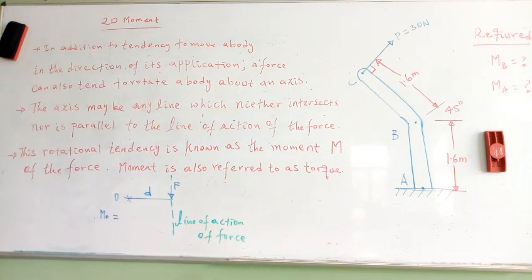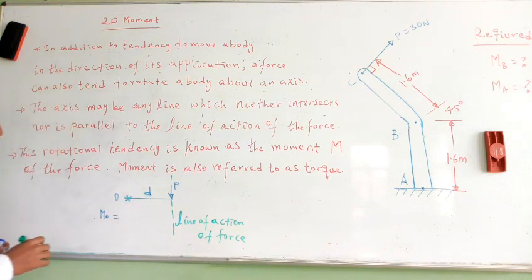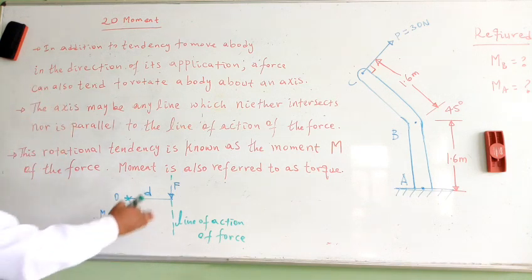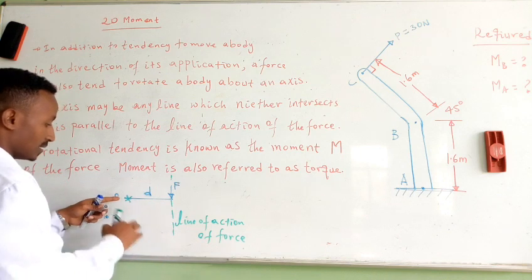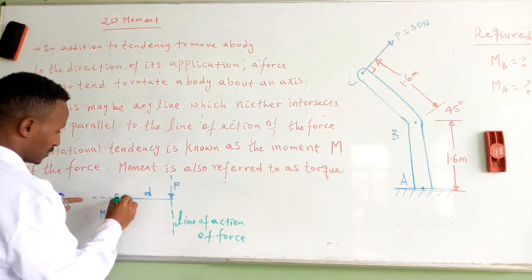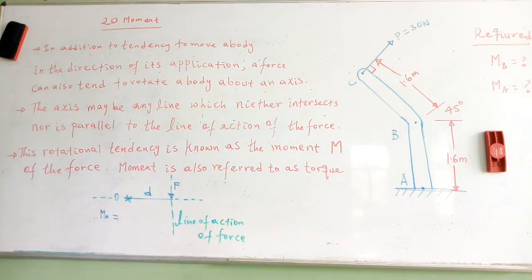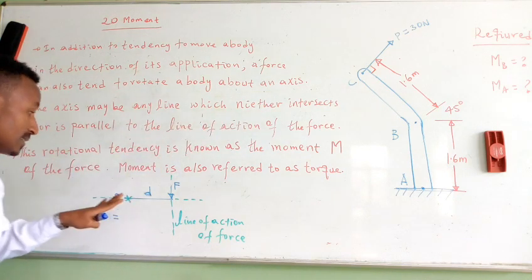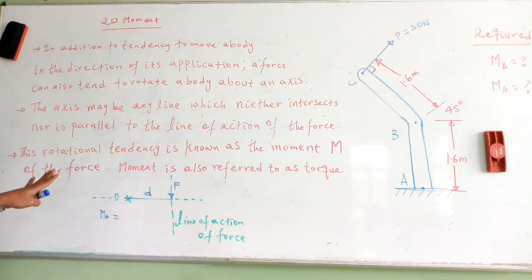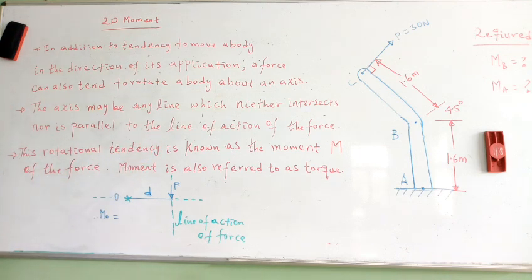The rotational axis is at this point. For this line, this point, this axis becomes this one. So it is perpendicular, but it does not intersect nor is it parallel to the line of action of the force.